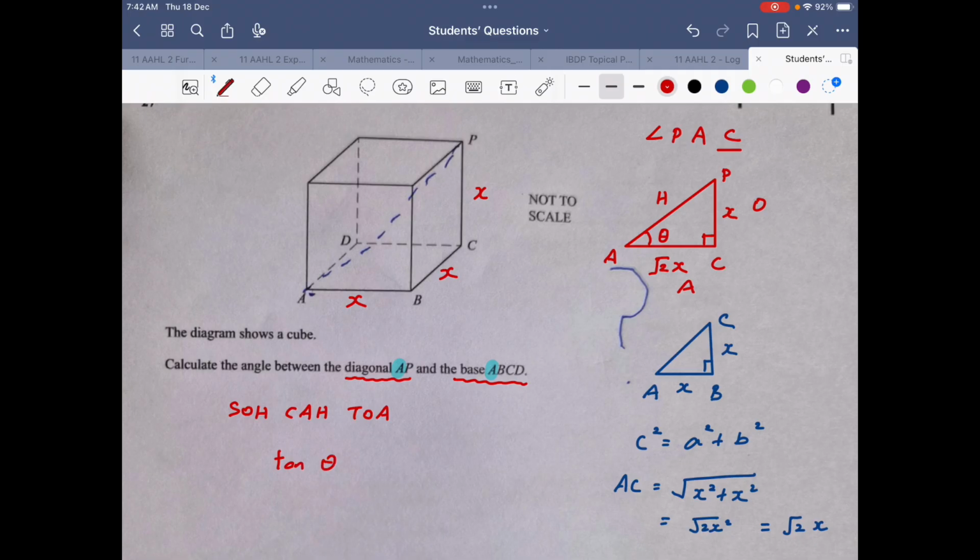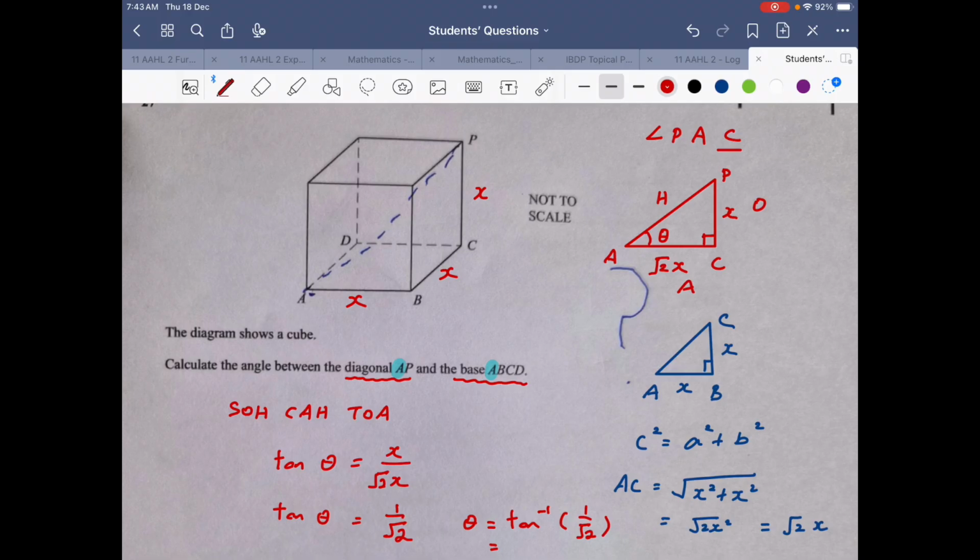Tangent theta equals O, which is x, over A, which is root 2 x. If you simplify it, cut off the x, it'll be 1 over root 2. Since this is a calculator paper, we could use inverse tangent of 1 over root 2.